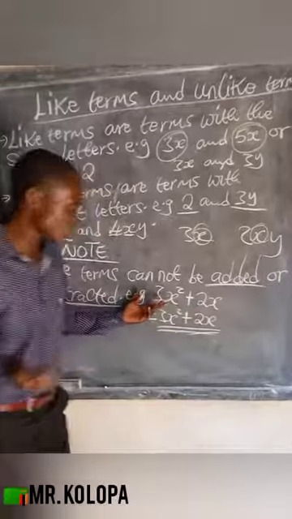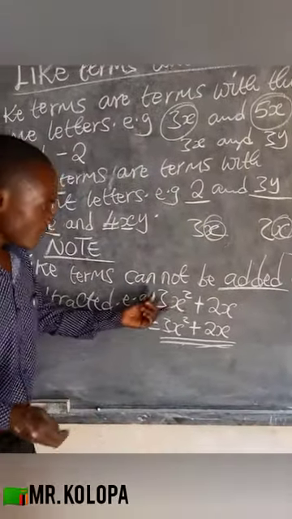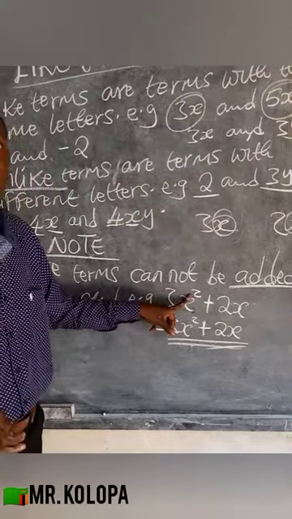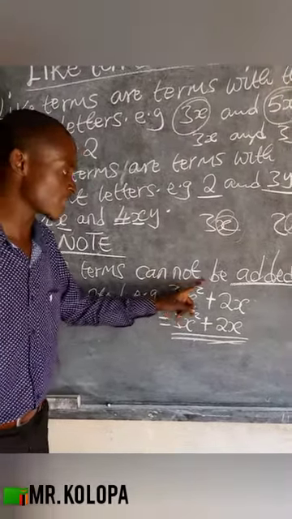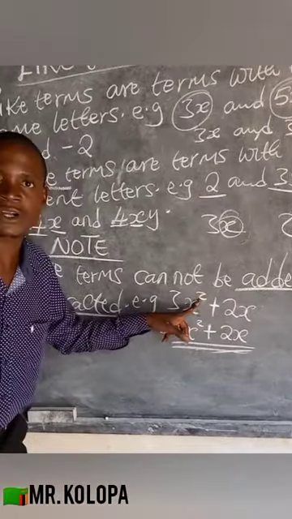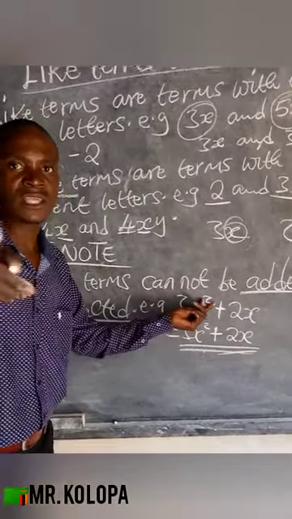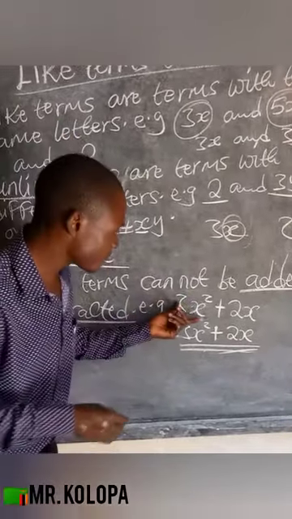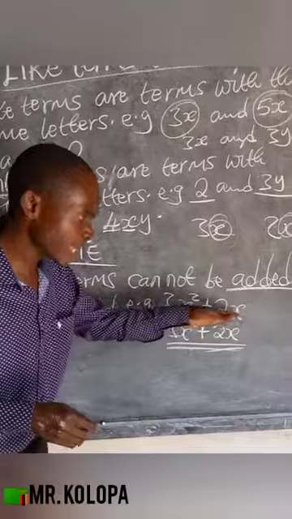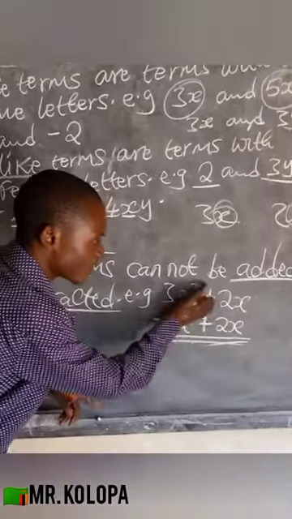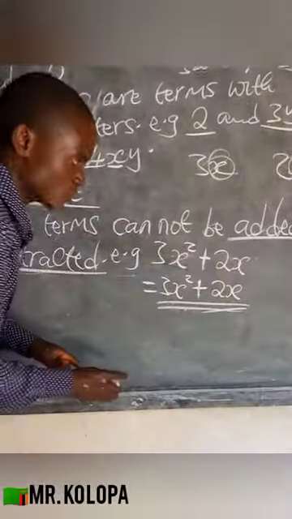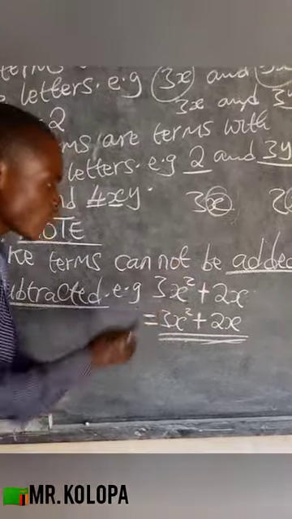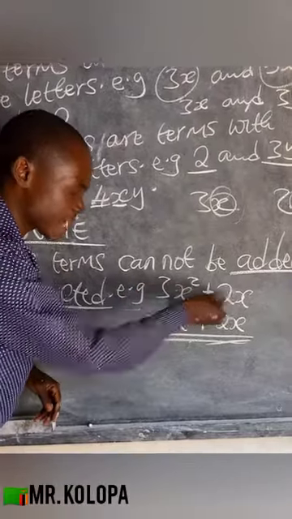So the example that we can give you, look at this one. We have 3x squared. This is the squared. We're going to look at the squared in the next lesson, so that you can understand where we are getting this power from. Watch out for the next lesson, because this is what we're going to look at. So we have 3x squared plus 2x. This one has a power 2, this one has no power 2. So this makes these two unlike terms. You can't add them to say this plus this, you get 5.